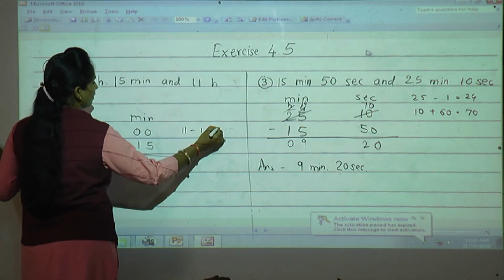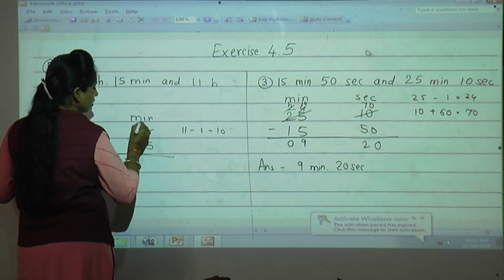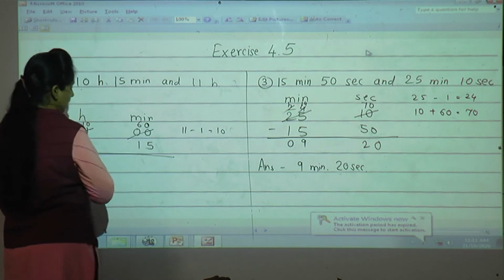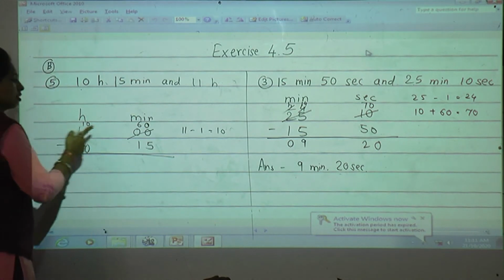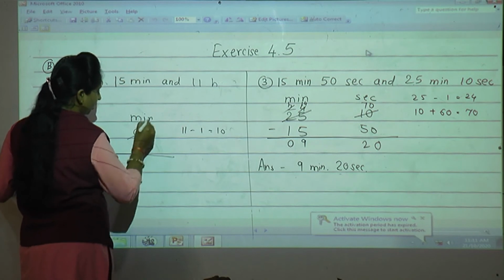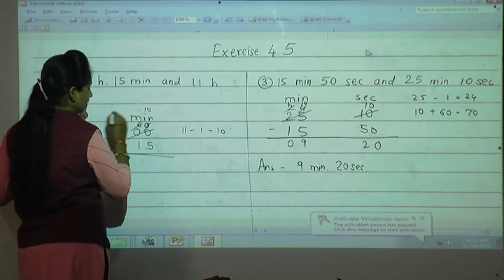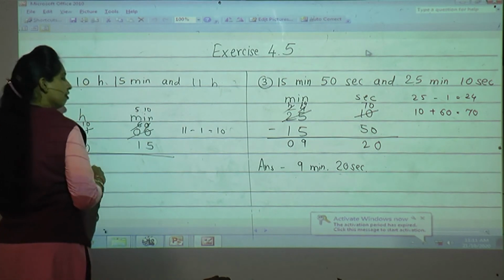11 minus 1 hour means 10. And 1 hour is equal to 60 minutes, isn't it? Yes. Now we have 60 here. So 0 minus 5 we can't do, cut the 0, write it as it is. Take a borrow from the neighbor. The neighbor has 6. He will give 1. Here 5 will remain.